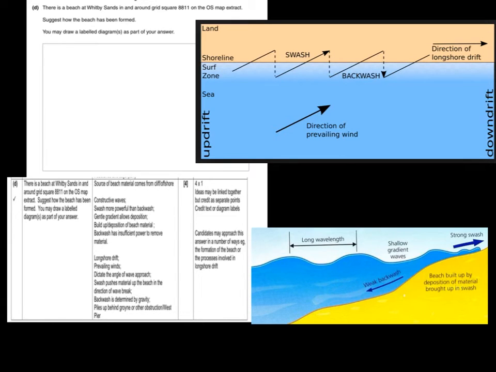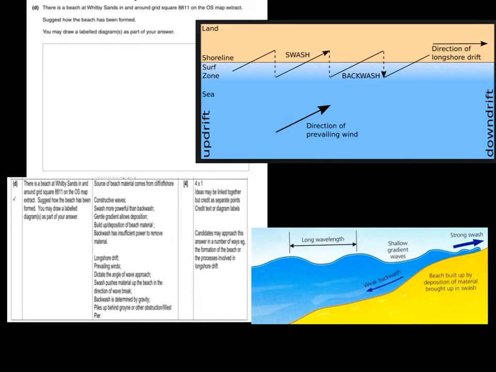Again, you're going to get 1 mark for talking about strong swash, or swash being more powerful than the backwash. Another mark may be saying that the swash pushes material up the beach, and depending on how much you develop that, there's probably 2, 3 or even 4 marks there. Throw in 1 for erosion, producing the sediment, and you've got your 4 marks.